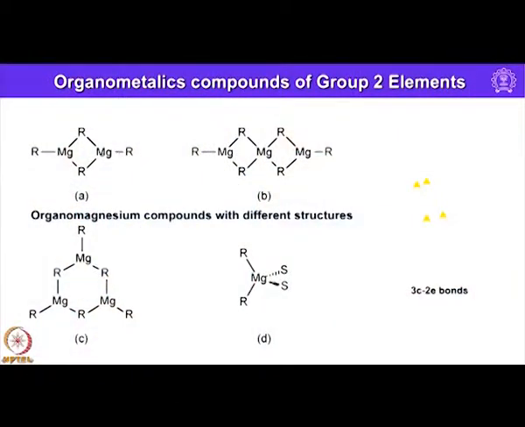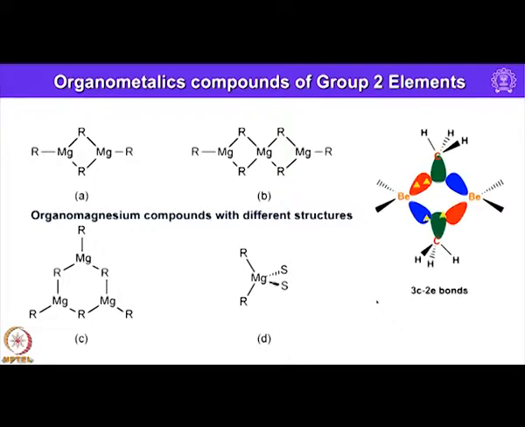Okay. In absence of any of these solvents, they associate to form dimeric structure or trimeric structure or trimeric cyclic structure, and essentially establishing 3 center 2 electron bonds. Okay. And one can visualize 3 center 2 electron bonds here. Same analogy one can use using valence bond theory or hybridization concept.